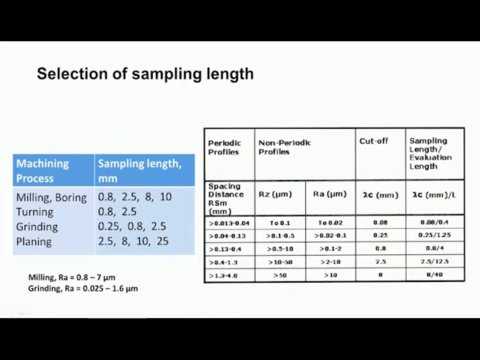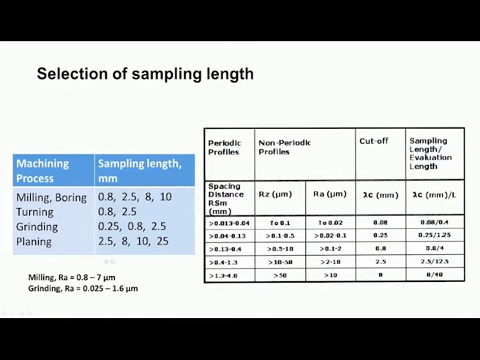Again, this depends on whether the milled surface is fine or very rough. If the milled surface is very rough, we can select the cutoff length of 2.5 or 8. If the milled surface is very fine, by adjusting the fine machining parameters, if we get a fine finish, then we can go for a 0.8 millimeter cutoff length.